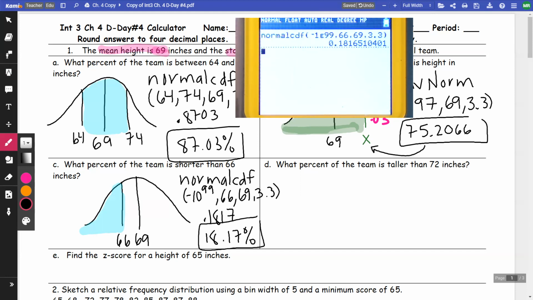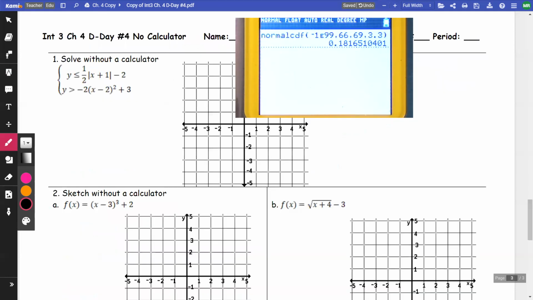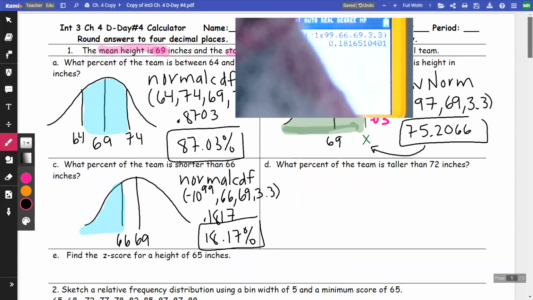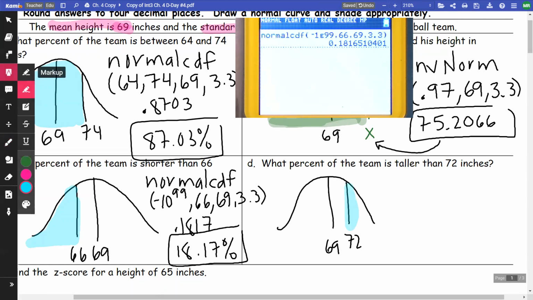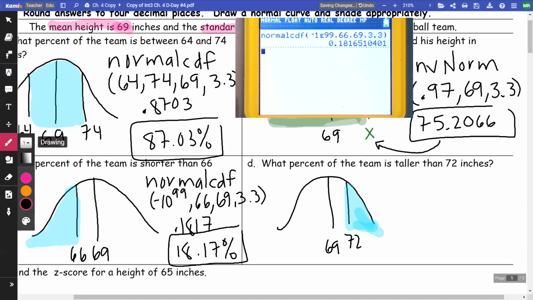What percent of the team is taller than 72 inches? So again, 69, 72. We want to find this area greater than 72. So we're going to use our normal CDF again. This time our lower bound is going to be 72. Our upper bound is really positive infinity, but we're going to type it in as 10 raised to the 99.